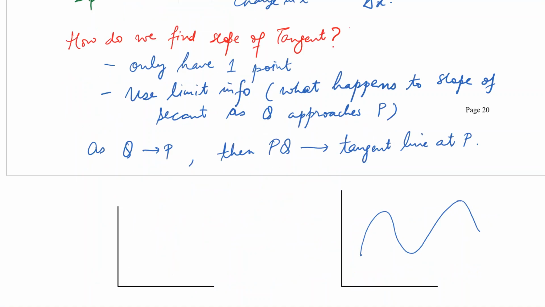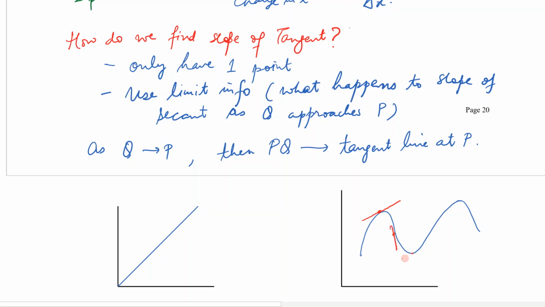One thing that we need to notice about the slope of a tangent is that if you just have a straight line as your function, the slope of the tangent at each point on this line is going to be the same, because this line has constant slope. So straight line curves have constant slope. But if we talk about the slope of a curve which is not linear, the tangent line at this point is going to have a different slope than the tangent line at this point.